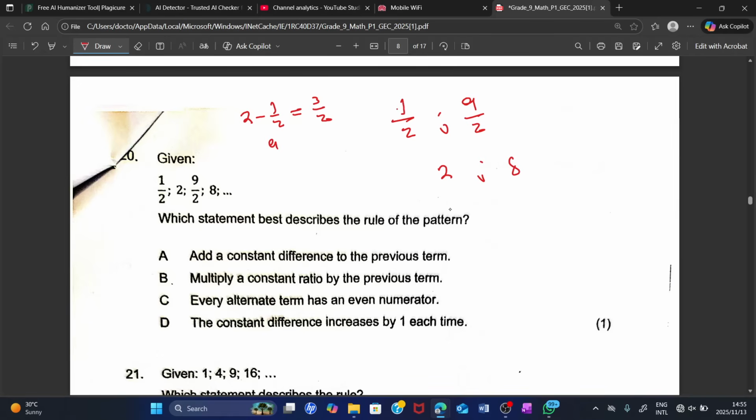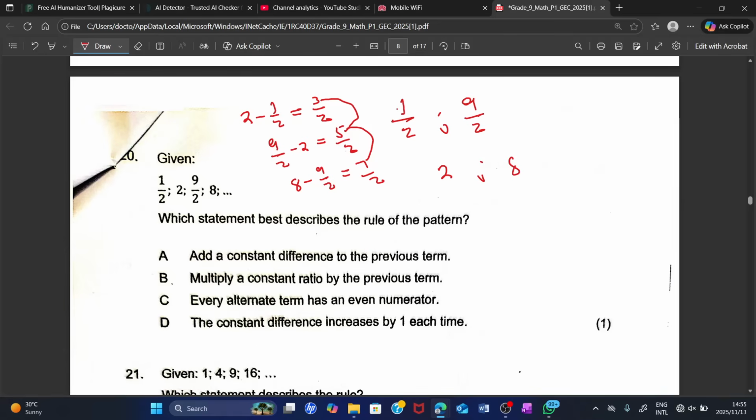And then we say 9 over 2 minus 2, it's 5 over 2. And then we say 8 minus 9 over 2, we get 7 over 2. Now, if you can check this, there is a continuation here, 3, 5, 7.